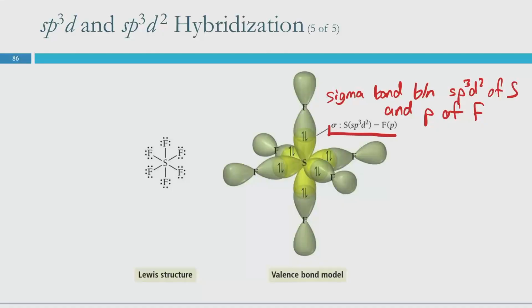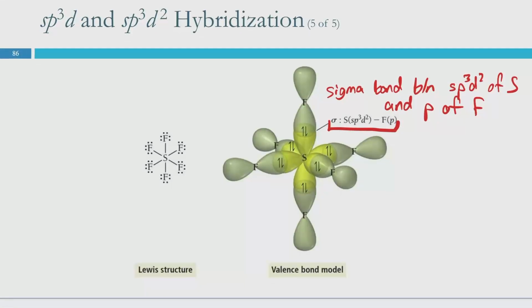That's what this nomenclature is saying. It's a sigma type bond because it's direct end-to-end overlap. We're always going to do a sigma bond first; we would never start with a pi bond. It's between the sulfur and the fluorine. And it's the sp3d2 hybrid orbital from sulfur. For fluorine, we don't hybridize, we just use the atomic orbital. And it's the p because that's what's open, what's got something unpaired in it.